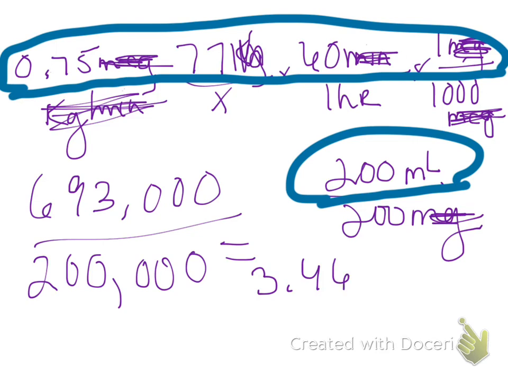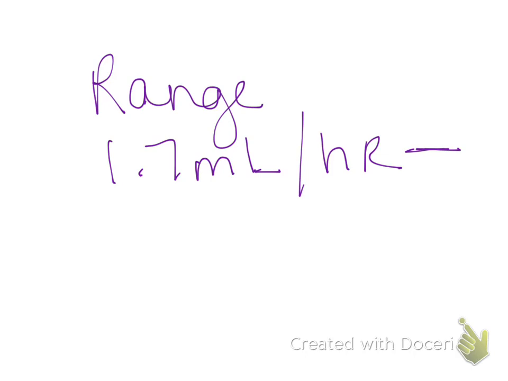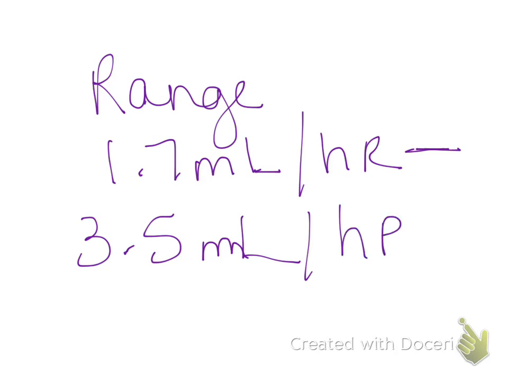So let's round that up to 3.5. All right. So your range answer is 1.7 mL per hour to 3.5 mL per hour. Okay, I hope that makes sense.